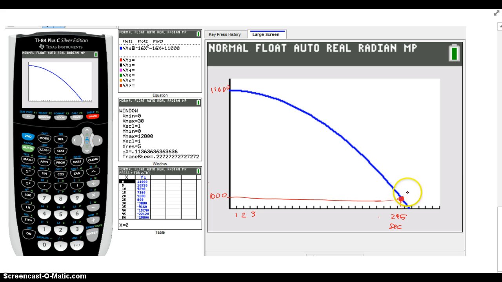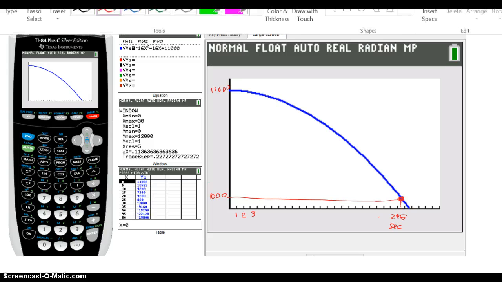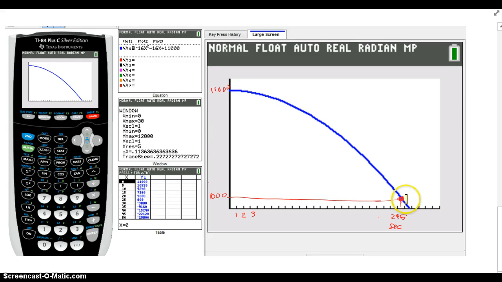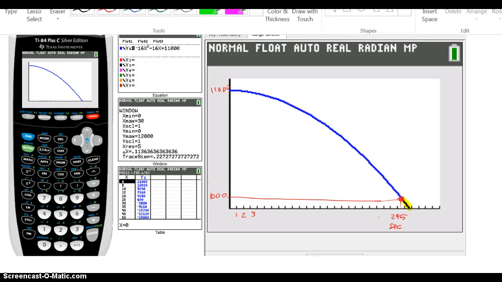If something gets dropped at this moment, how long will it take that thing to drop and hit the ground? In other words, if that marker travels the same path as the equation they gave us, how much time it took from this red dot to go and hit the ground.